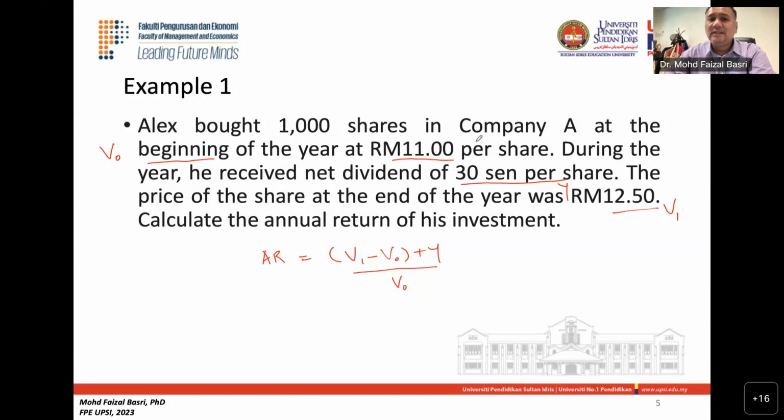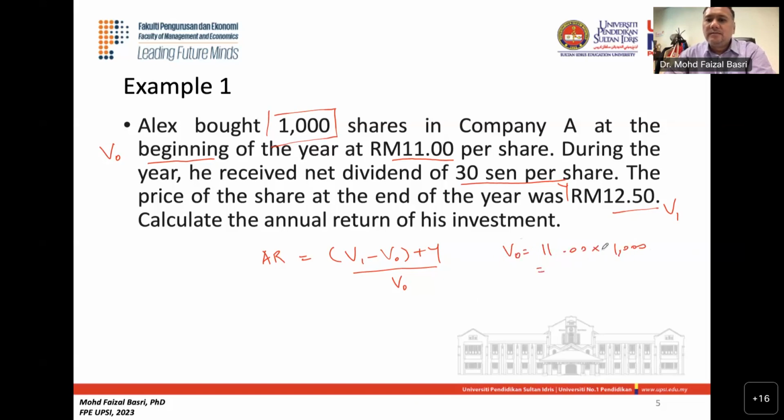So in order to get the whole value, you have to multiply it with the number of shares Alex bought, which is 1,000 units. So in order to find V1, for example, simply take 11 ringgit. Sorry, this is V0. V0 is 11 ringgit. And then we multiply with 1,000 units.